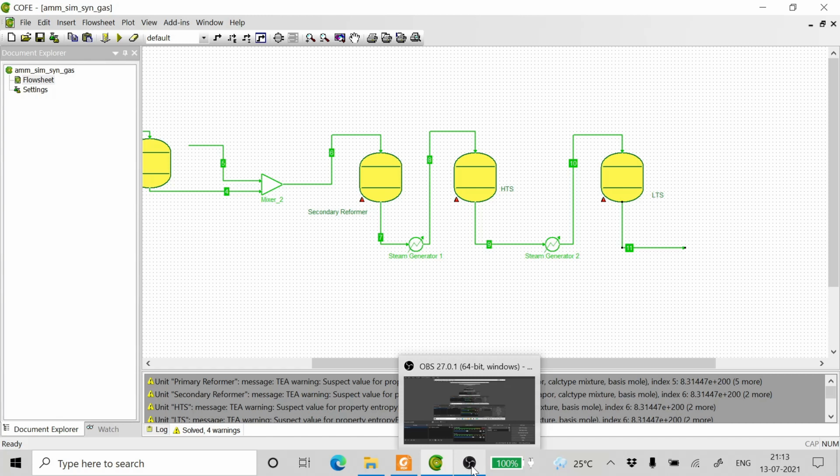Now for this we have an amine system. Now after the amine system, the stream goes to a methanation reactor where the carbon dioxide and the carbon monoxide are converted to methane.